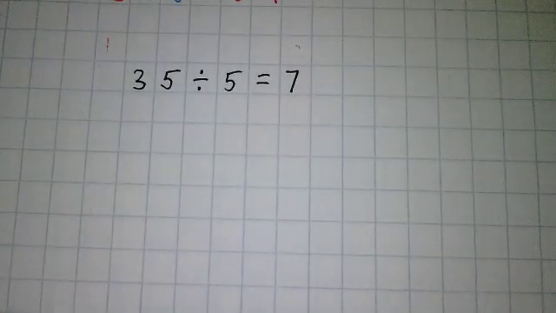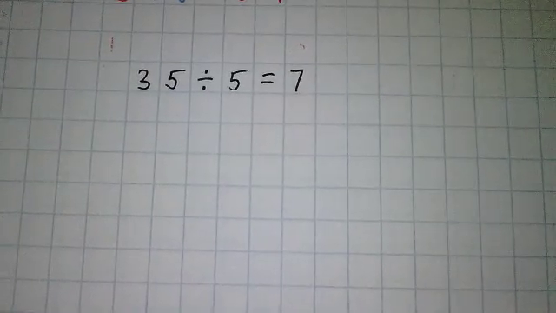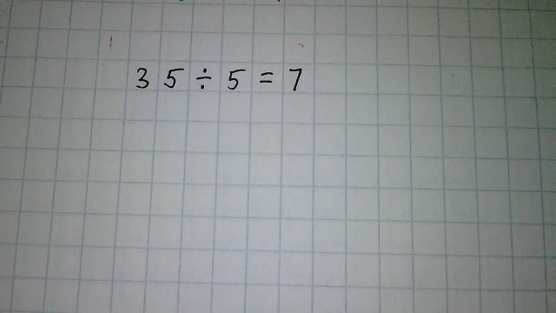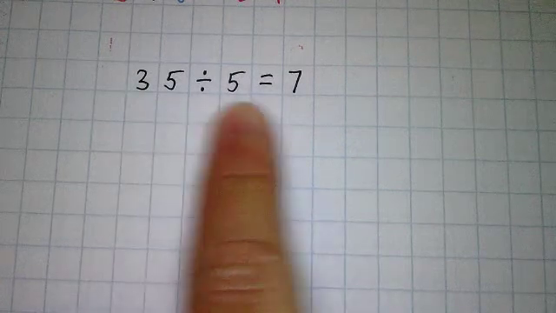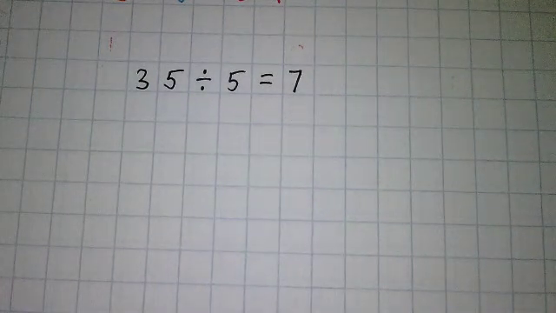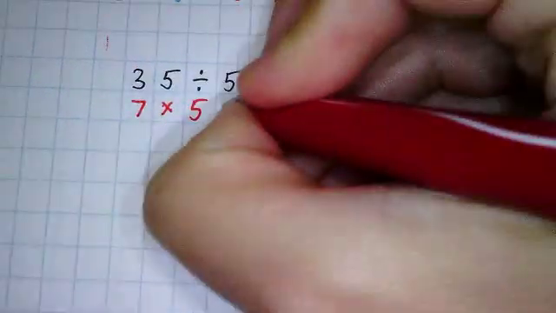It's going to give you the full problem and the answer, and it's going to tell you to write a related multiplication fact to that problem. So 35 divided by 5 equals 7. What's a multiplication fact I could write that's related to that problem, Hazel? I could write 7 times 5 equals 35.